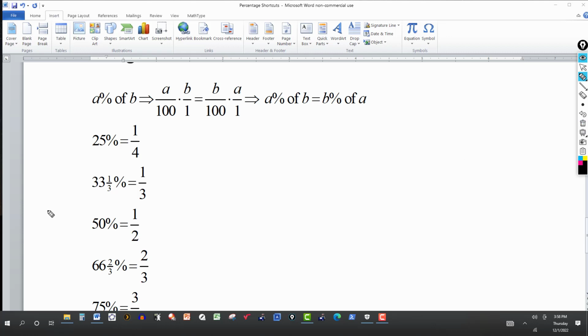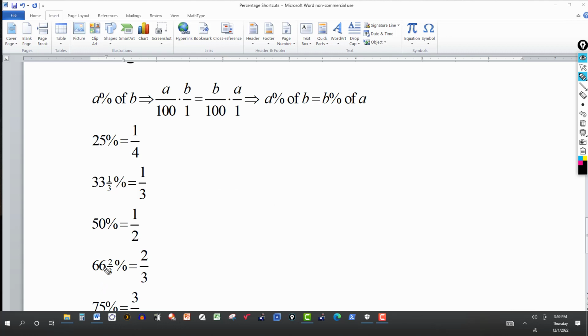Now let's look at the other ones. 33 1/3% is 1/3. Now how do they get that? Well, let's rewrite this as an improper fraction. 3 times 33 is 99, plus 1 is 100. So that gives me 100 over 3. And the percent sign means divide by 100. So I just write it times 1 over 100. These divide out, and that equals 1/3.